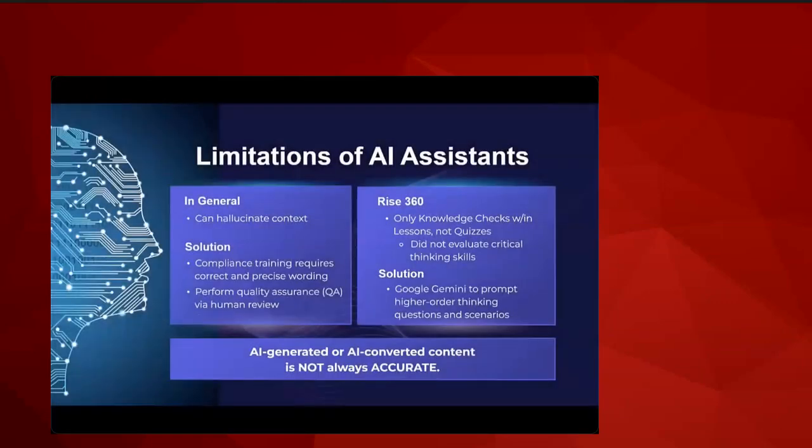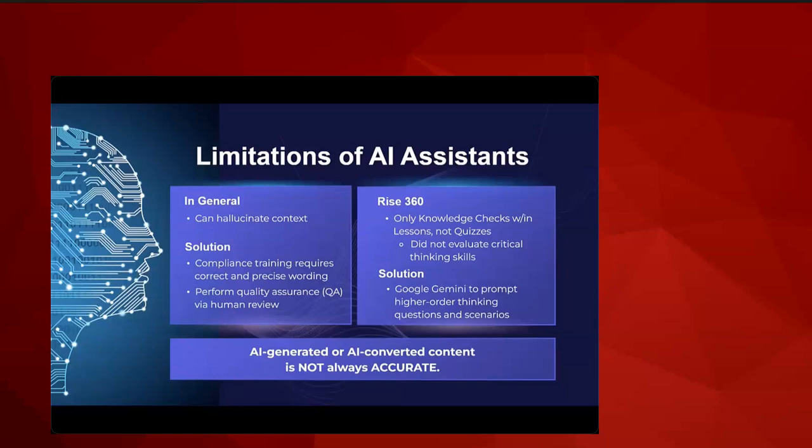Limitations of AI assistance. Despite the advantages, there are limitations from an instructional design perspective to consider. The most important is, AI-generated or converted content is not always accurate. With bullet points on a slide deck, AI assistant software can hallucinate context to provide.